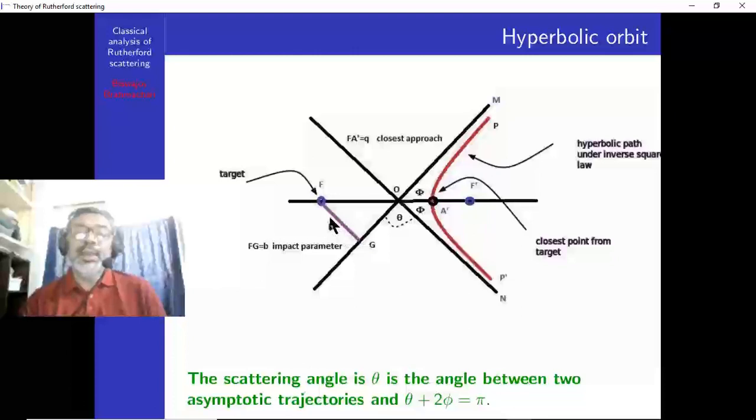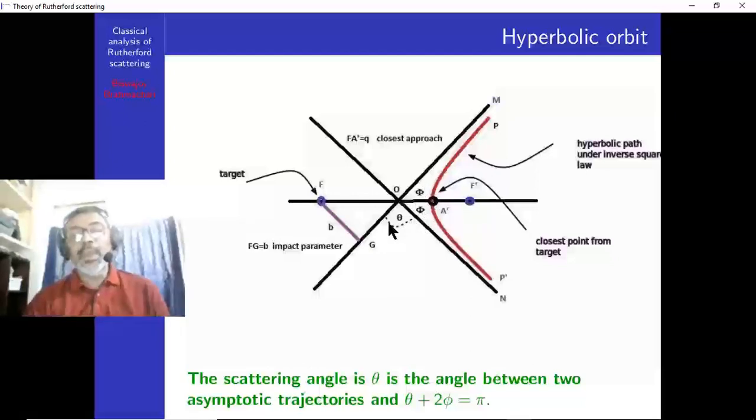The second relation is b by OF equal to sin phi, and the third relation is eccentricity equal to 1 upon cos phi, and the fourth relation is theta plus 2 phi equal to pi, or theta by 2 plus phi equal to pi by 2, or phi equal to pi by 2 minus theta by 2.